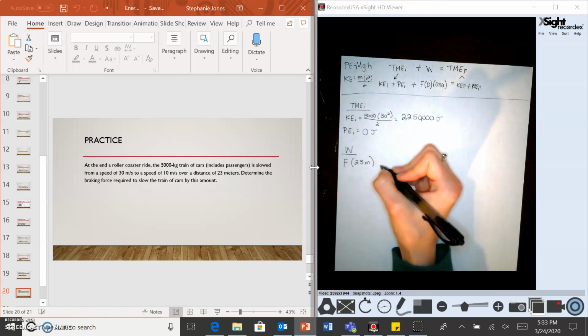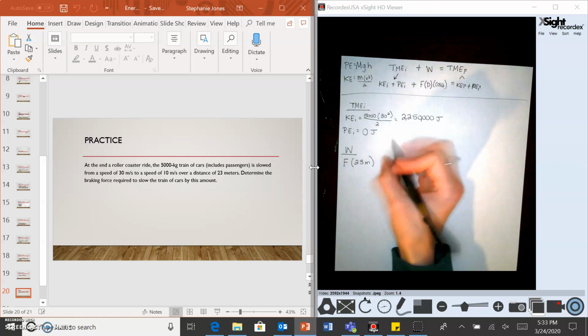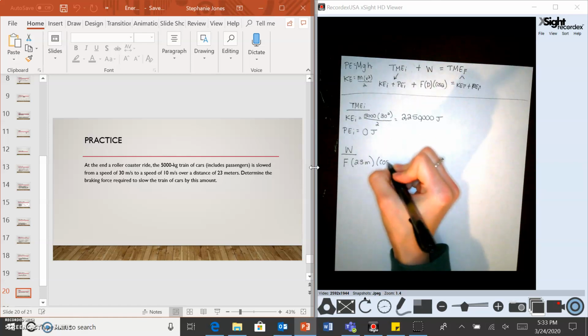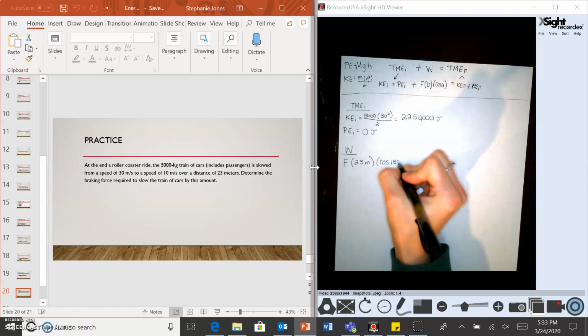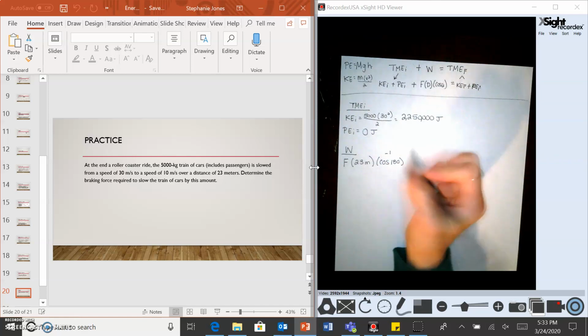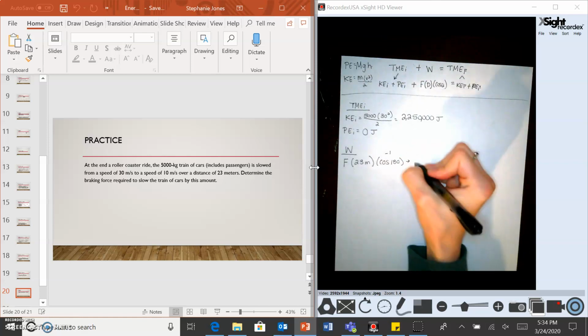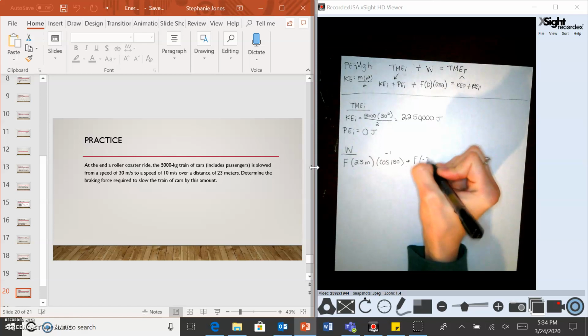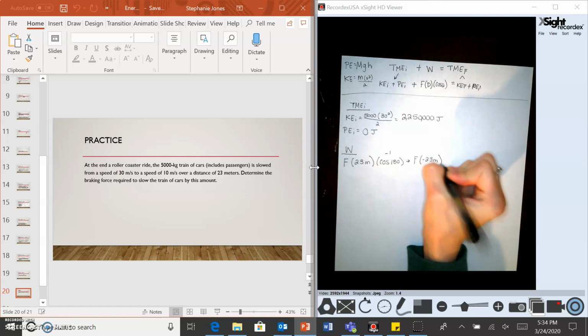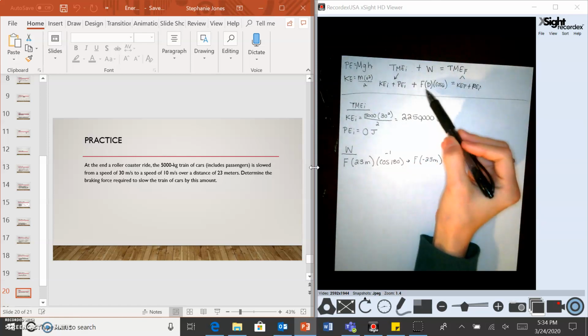And then you want to ask yourself, is this positive work or is this negative work applied to the roller coaster? And the answer is negative work. It's going to cause the roller coaster to slow down. So we need that cosine 180, which essentially makes your answer negative. So 23 times negative 1 will be F times negative 23 meters. So we have now solved for work.